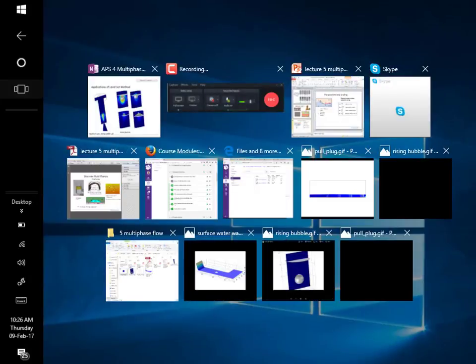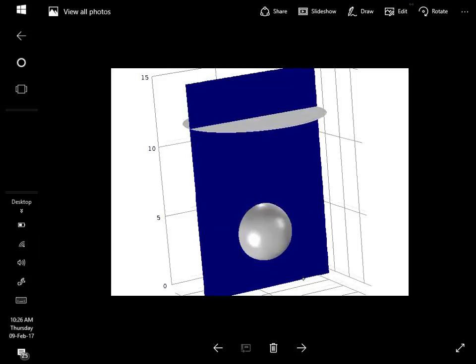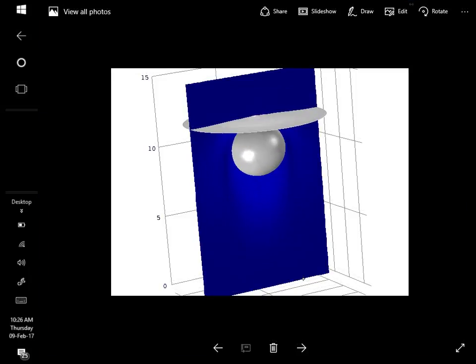Actually, you can run all of these yourself. Let me show you these guys. This is the rising bubble.